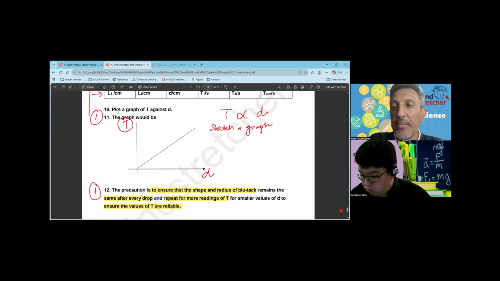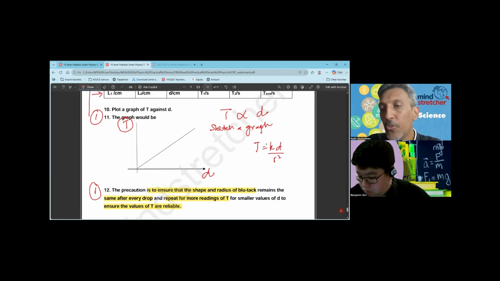Now, like what I said, the trend nowadays, I want you all to note, is that they don't just ask about one variable. They may ask you to check whether this equation holds true for both. So what do I do if they ask you to check for both? You vary D and keep R constant.